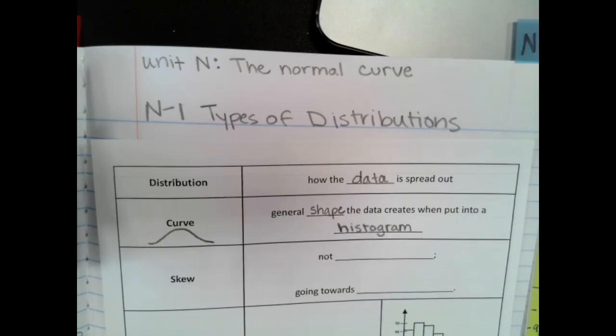The general shape that the data creates when put into a histogram describes that curve. So remember, a histogram is like our bar graph, kind of talking about those frequencies.